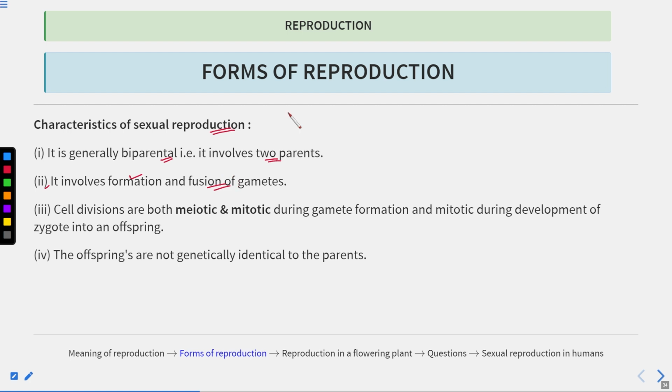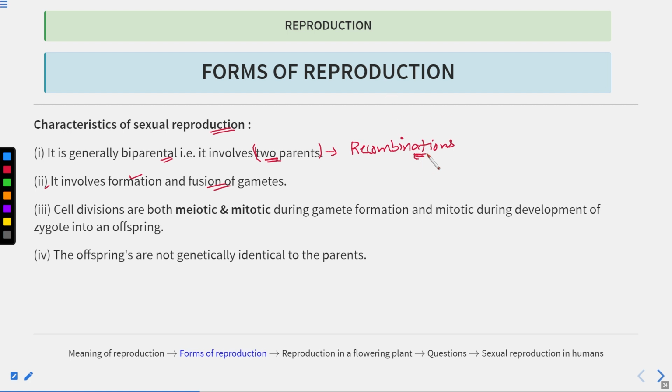Now you can see here two parents are involved, and because two parents are involved, their genes will recombine. So in sexual reproduction, recombination takes place, recombination of the genes, or the DNA.